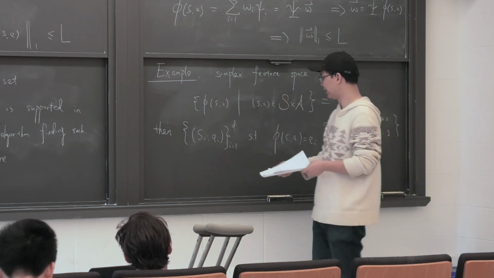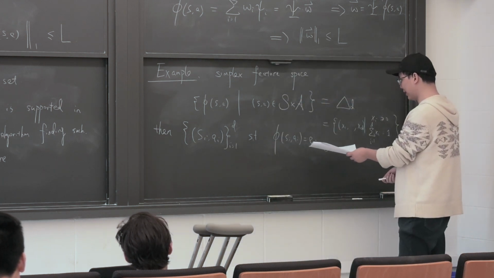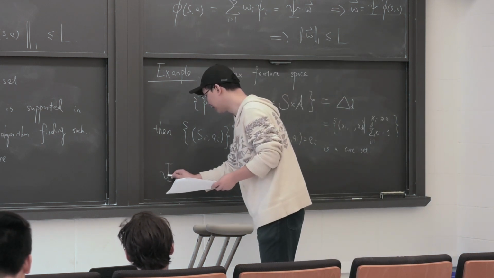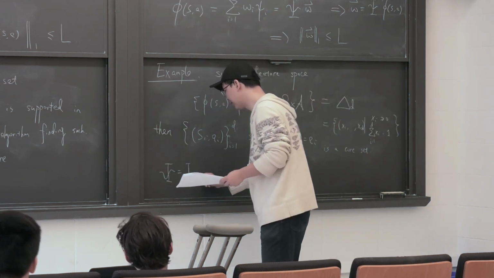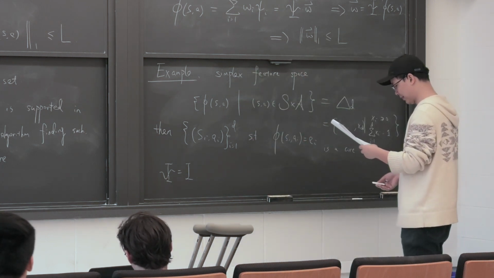The reason is that if we have the feature map of the core set equal to the e_i basis vectors, then we know the psi matrix is the identity matrix. So it clearly satisfies the first condition, that is, full rank.